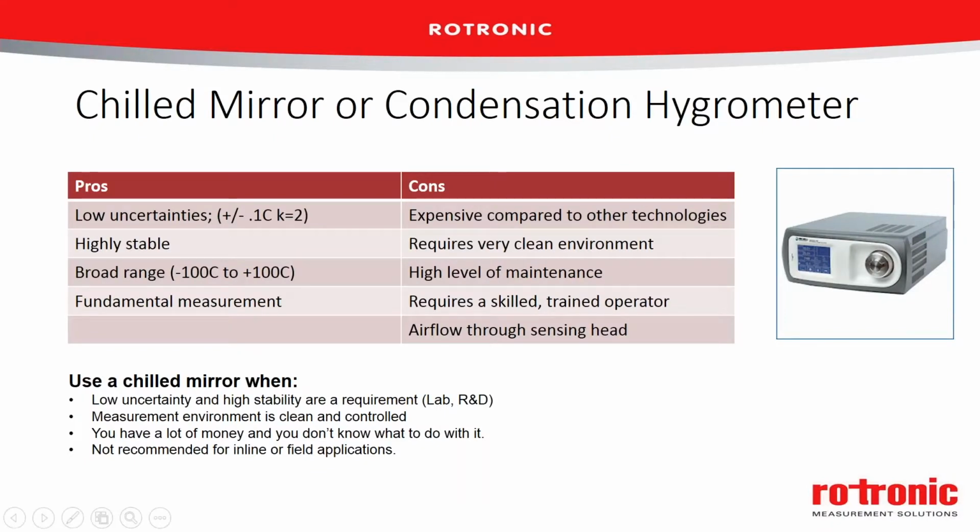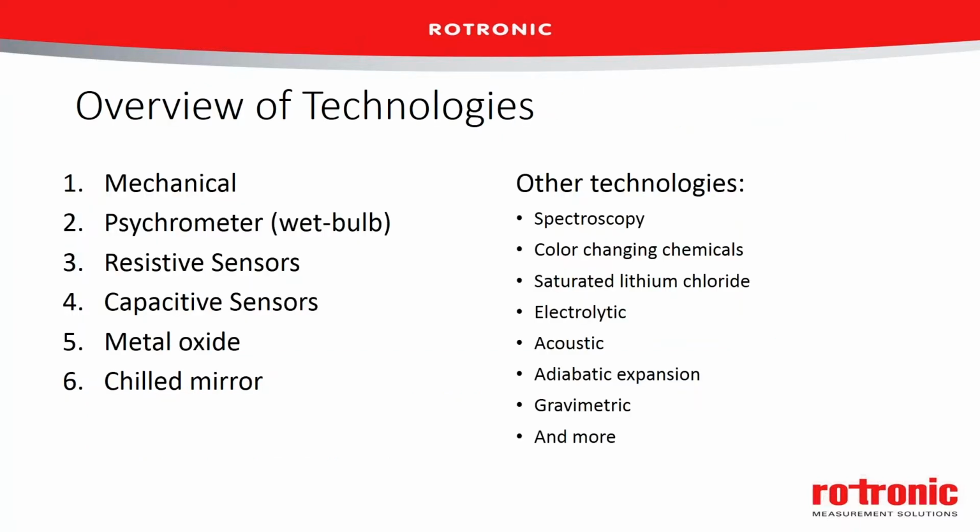Okay, we'll hide those results and we're going to go into an overview. Michael, let's have an overview of what we talked about as far as technologies go. So we really only looked at 6 different technologies today: the mechanical, psychrometers, resistive and capacitive sensors, the metal oxide, and the chilled mirrors.